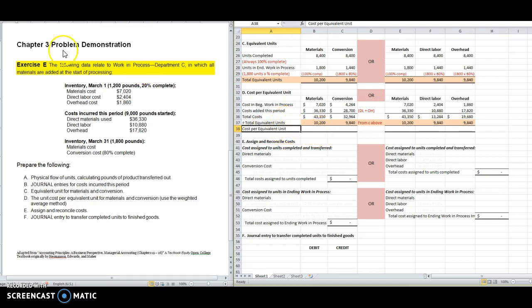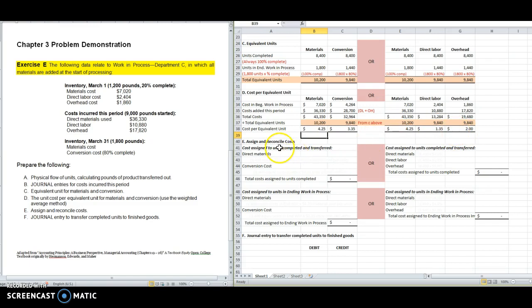So my cost per equivalent unit is $4.25 for materials, and it's $3.35 for conversion. If we separated it out into direct labor and overhead, you can see that the combined cost of direct labor and overhead is $3.35. So we're going to get the same results.